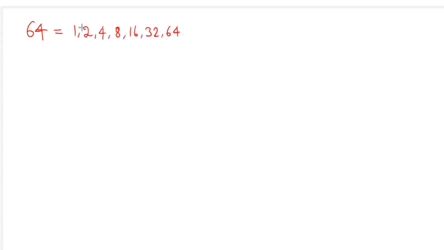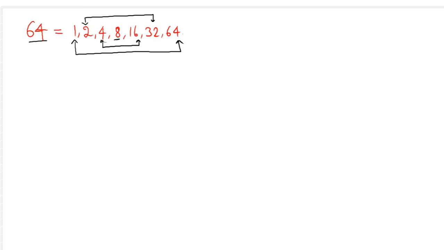And from this one can make an observation that 1 times 64 is 64, 2 times 32 is 64, 4 times 16 is 64, and here 8 is multiplied by itself to get 64.